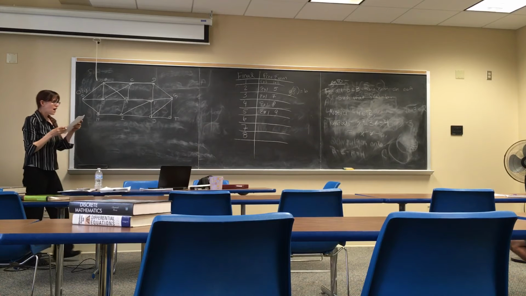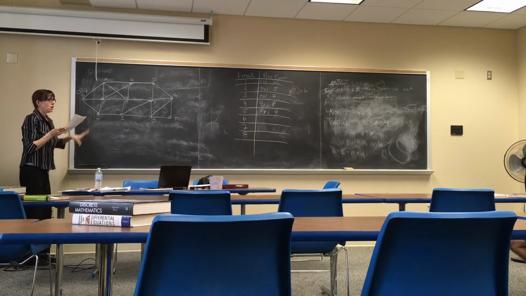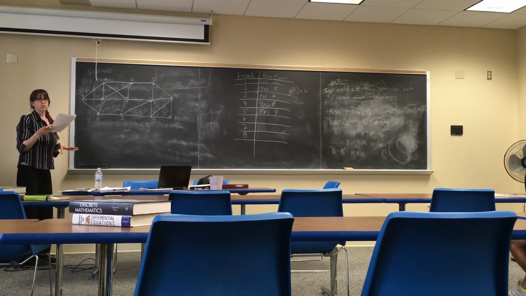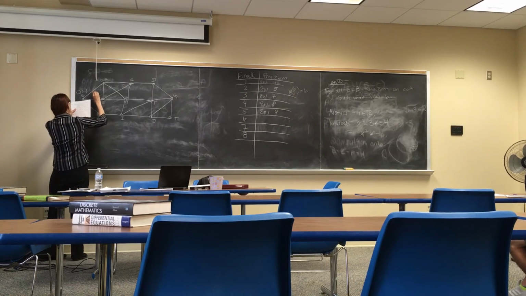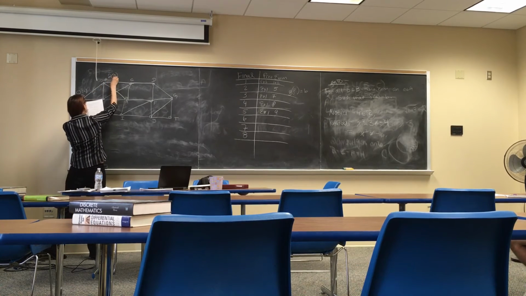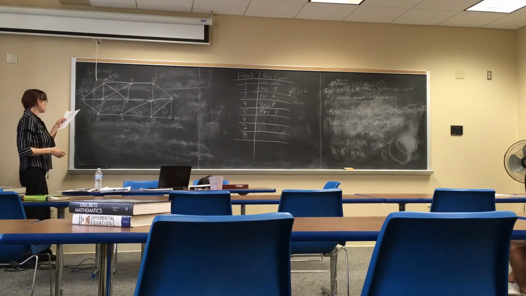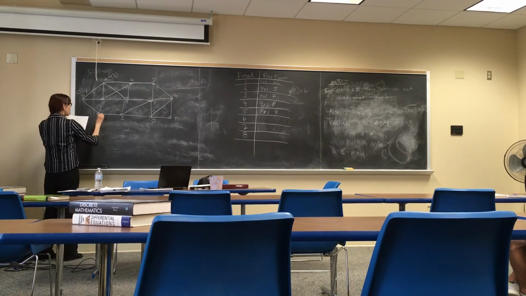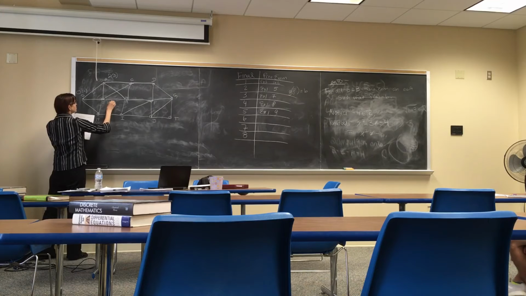All right, so now I'm going to label everybody that's near him with their distance from S. So this was a 2, so I'm going to label him 2, and he came from S. He is 1 from S. And this guy is 1 from S.